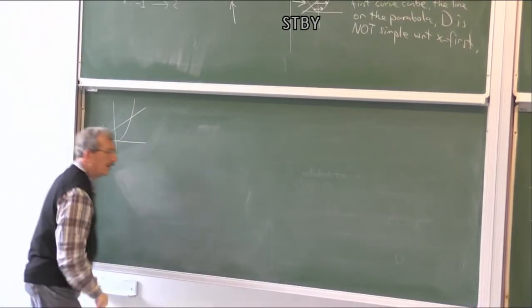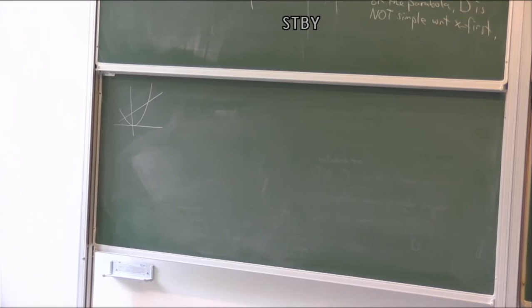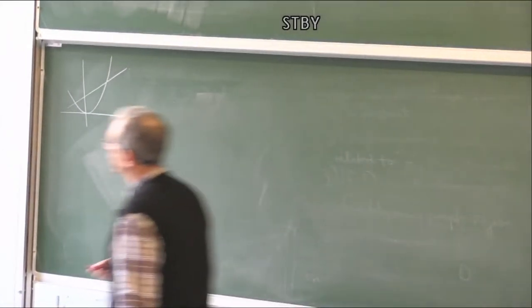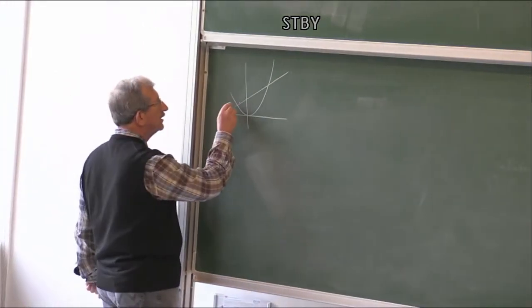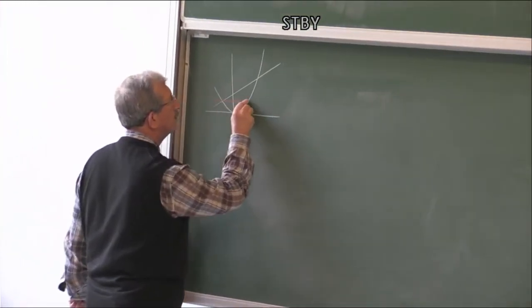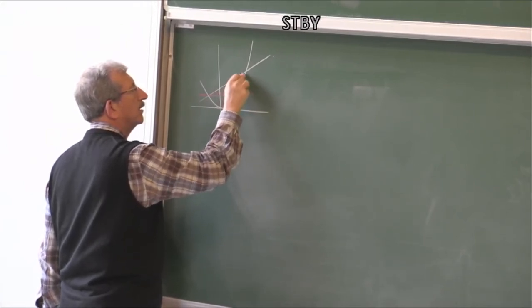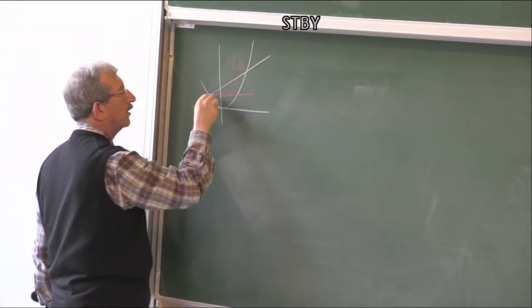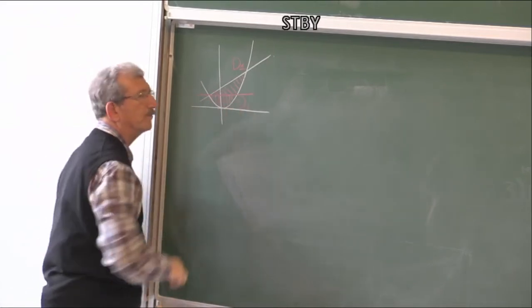Now, to make these regions simple with respect to x first, let us divide it from here. Call this D1. Call this D2.